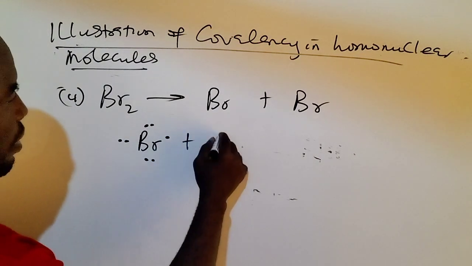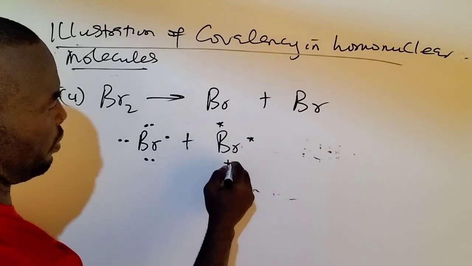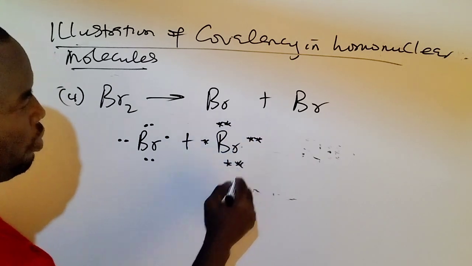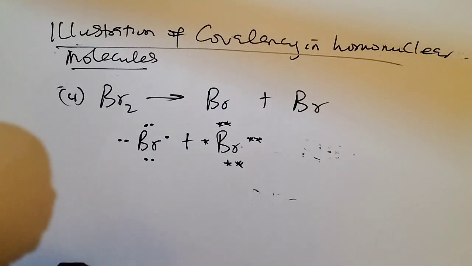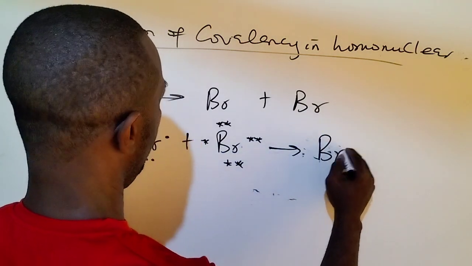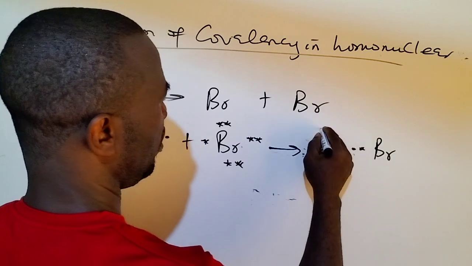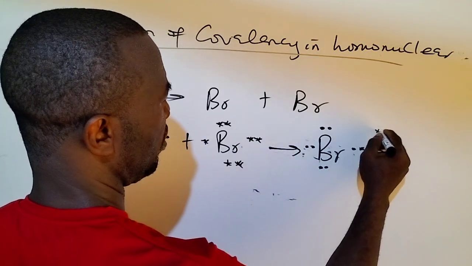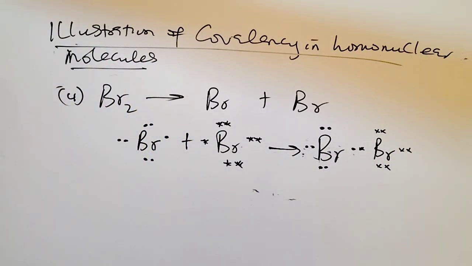So each bromine atom has 1, 2, 3, 4, 5, 6, 7 electrons, and they each require 1 to become complete. So you can join the two Br atoms, and the electrons will be pulled together. For bromine, how many bonding pairs do we have?